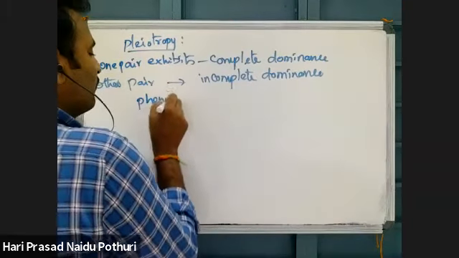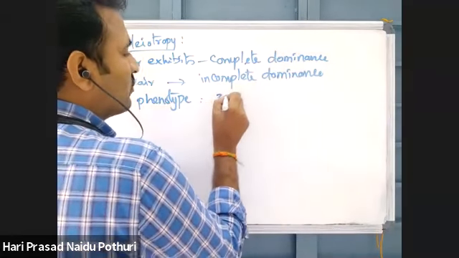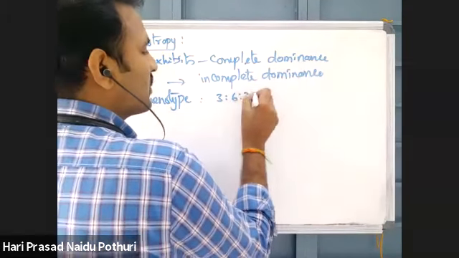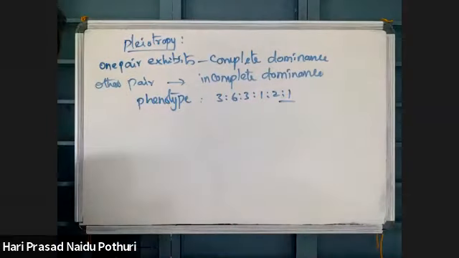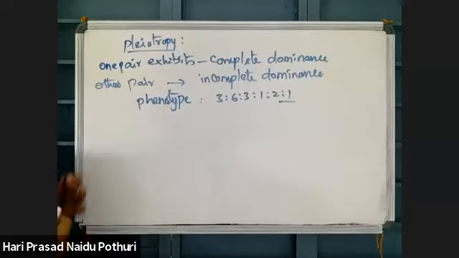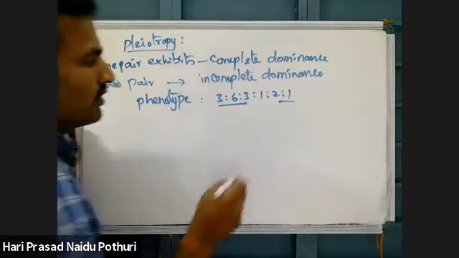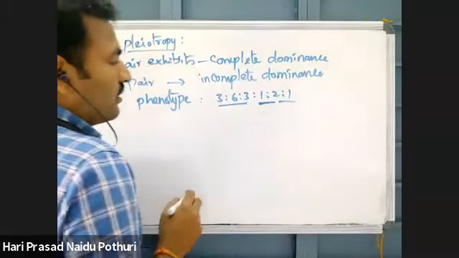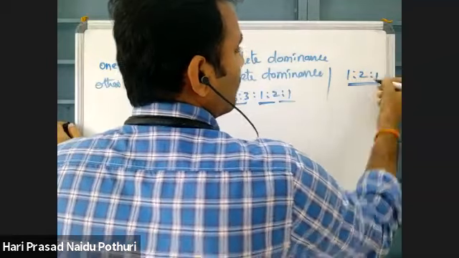So the phenotype ratio is 3:6:3:1:2:1. Whereas in a monohybrid pleiotropic cross, the ratio is 1:2:1.